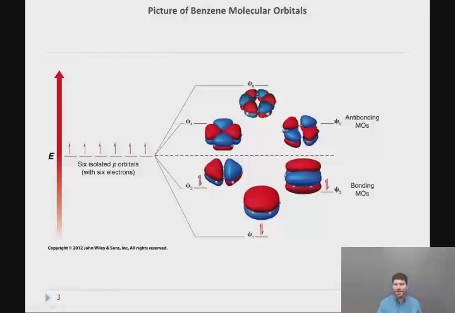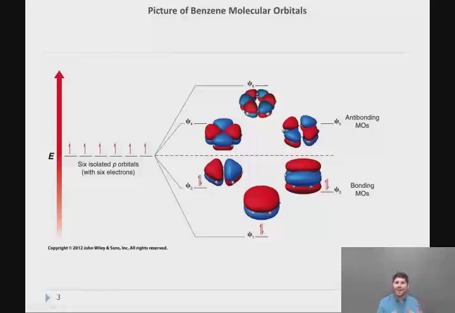I would not expect you at this level to be able to see that the structures look that way, but what is important about psi2 and psi3 is that they each contain 1 node, where the nodes are a plane. For psi2, the plane is a vertical plane. For psi3, the plane is another vertical plane, but it's perpendicular to the vertical plane of psi2.